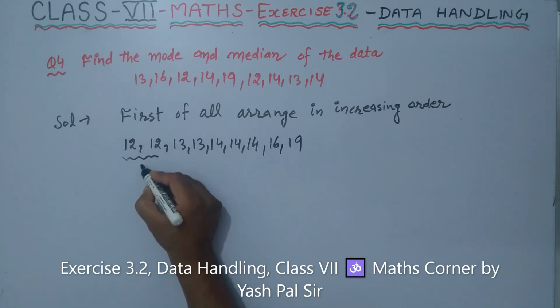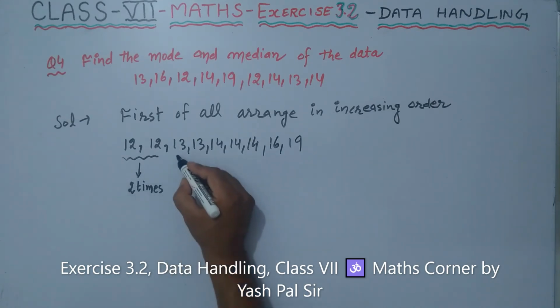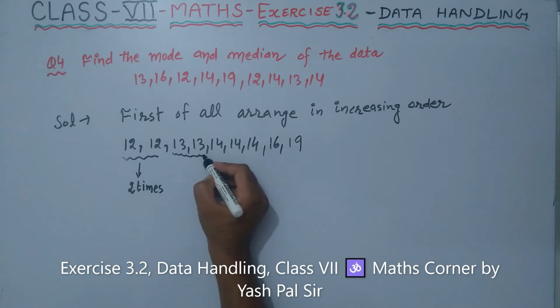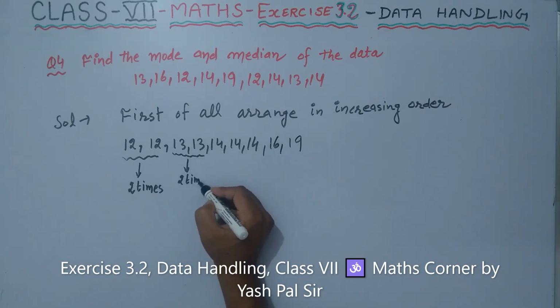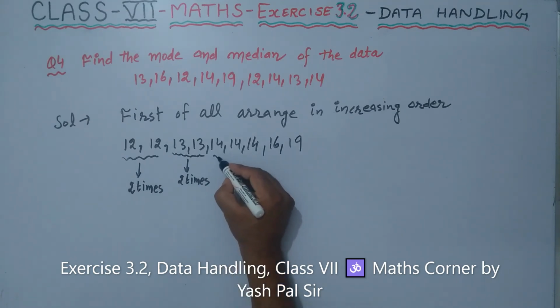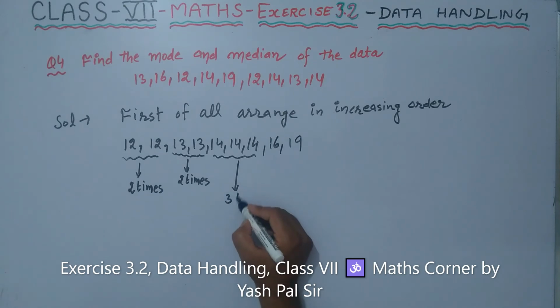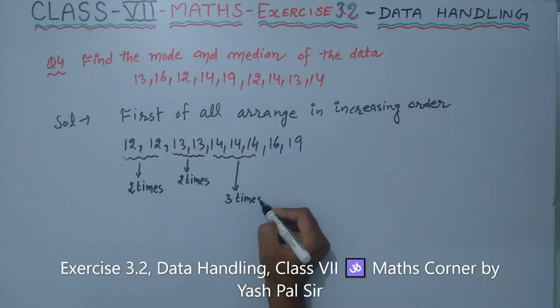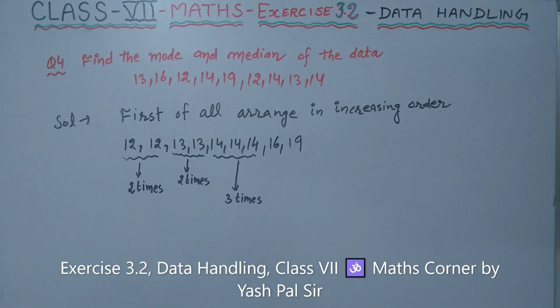Okay. So this means 12 is occurring two times. 13 is occurring two times. 14 is occurring three times. 16 one time, 19 one time. So which one is occurring most?